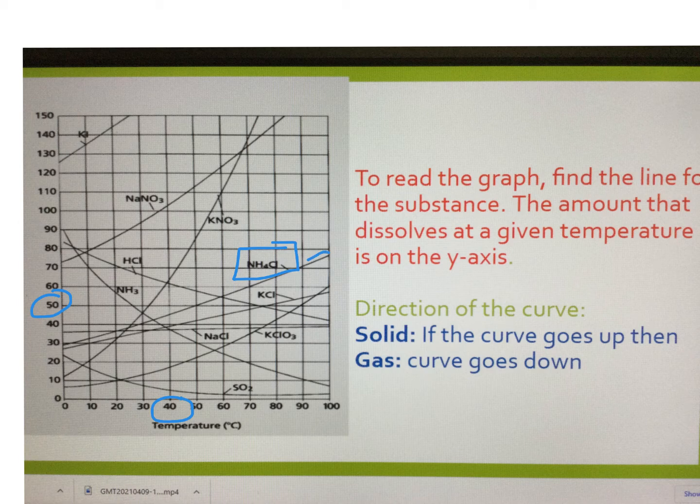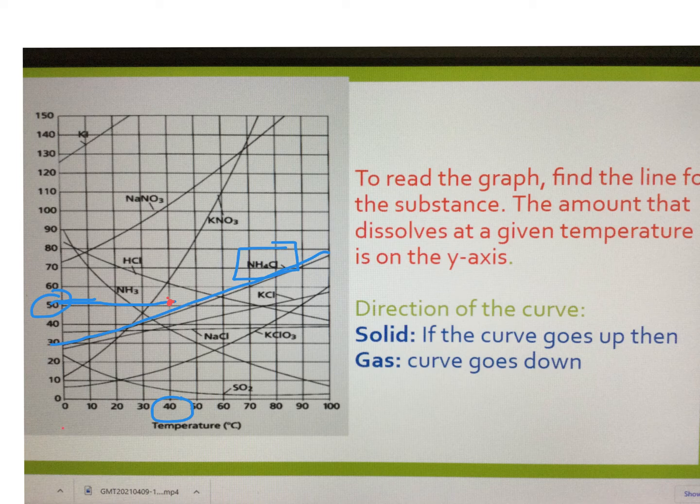And that chemical line is right here. So 50 is going to go all the way over here, and we're going to go to 40. So 40 is right here. So if it's above the line like this, that means it's going to be a supersaturated solution.